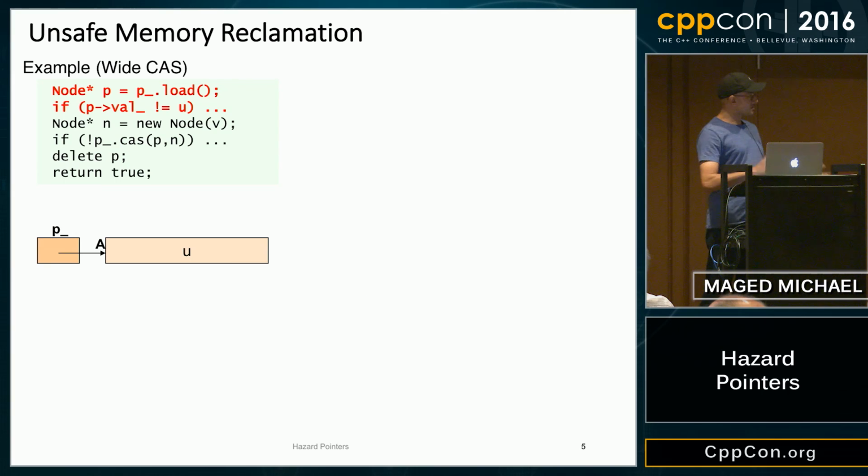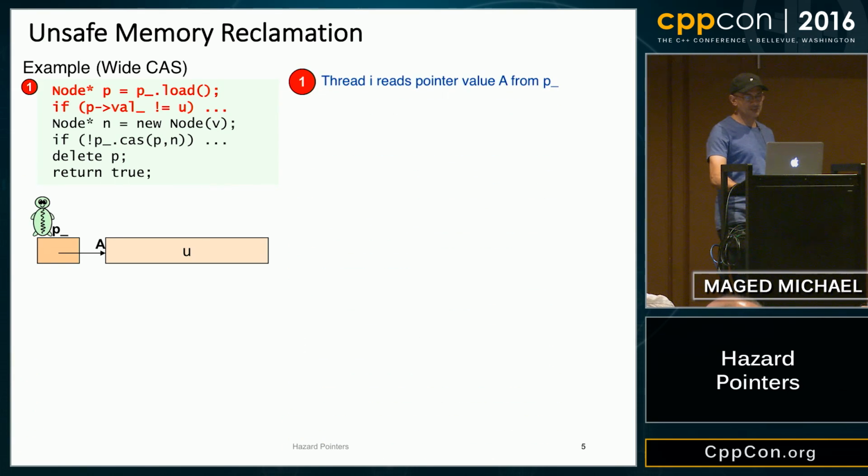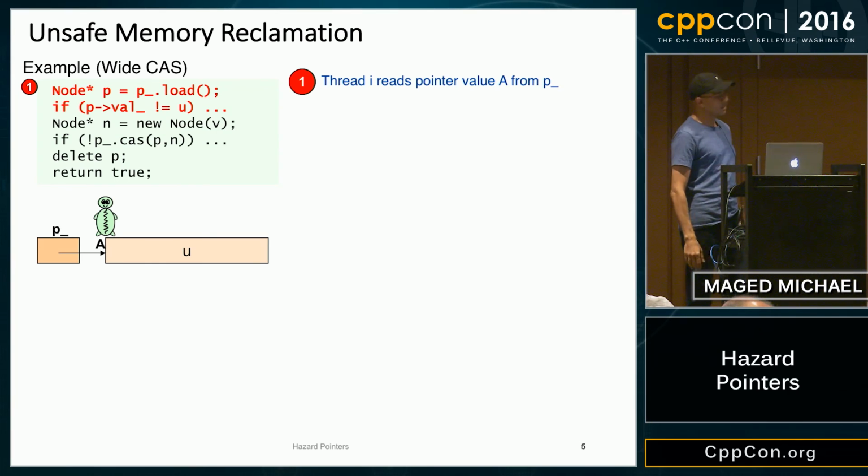Another problem that we'll solve using hazard pointers is unsafe memory reclamation, and these two lines in red are the offending lines. So we start with a thread I reading the value A from pointer P, and now it's about to dereference that pointer and access the contents of the node.